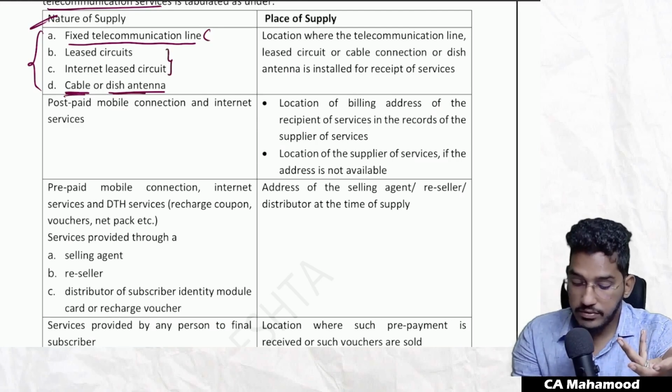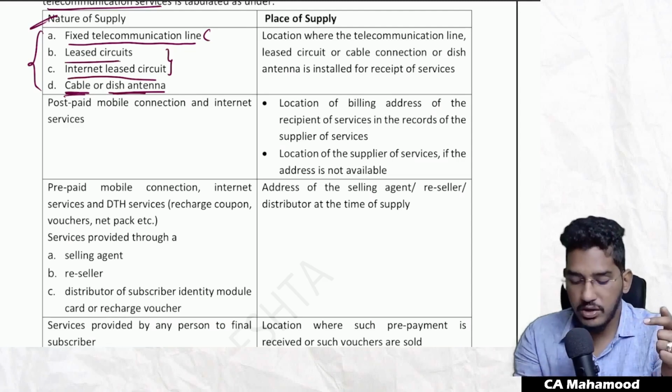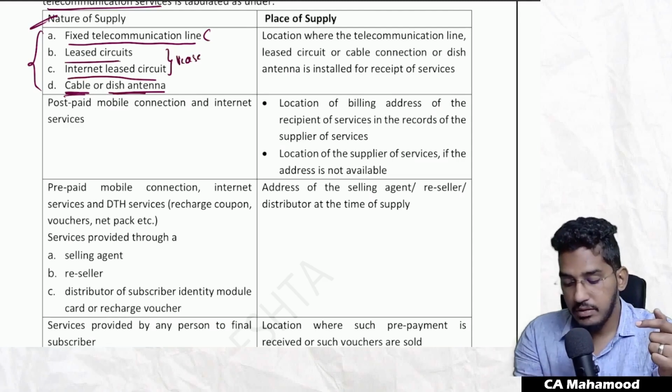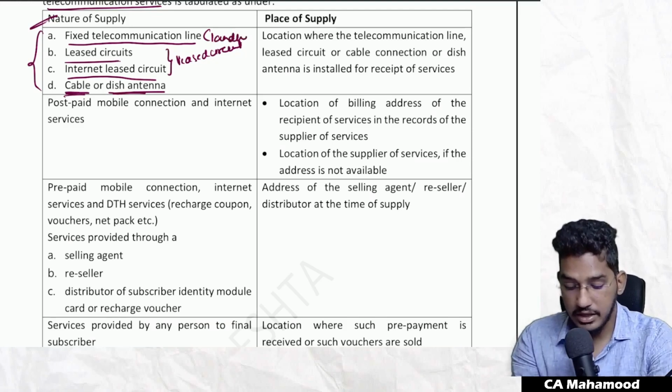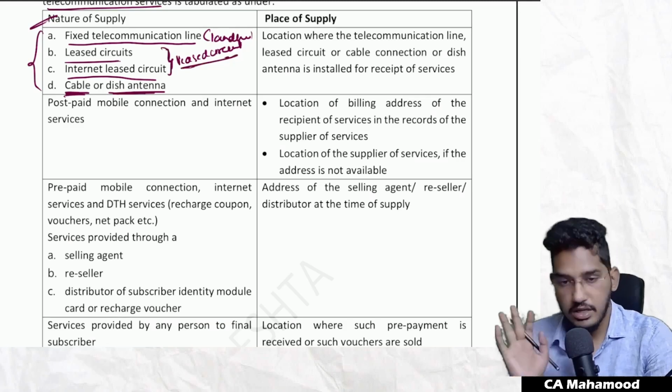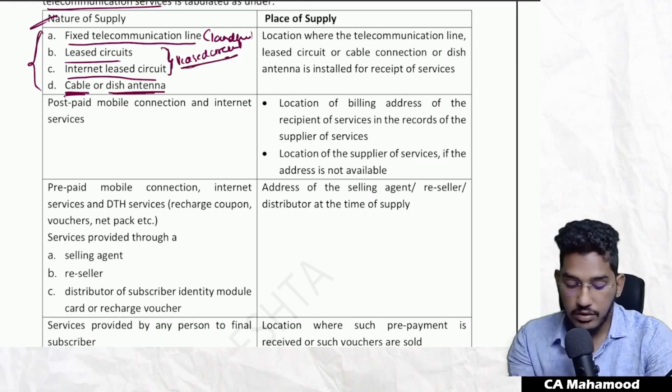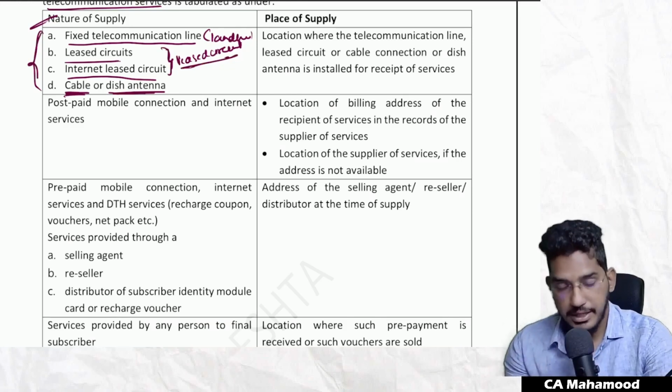Similarly, there is another kind of service called leased circuits, internet leased circuits. I will broadly call it leased circuit. So what is the place of supply for these kinds of fixed telecommunication line, which is nothing but landline connection or cable or dish antenna? And similarly, leased circuits. In these kinds of activities, what is the place of supply?